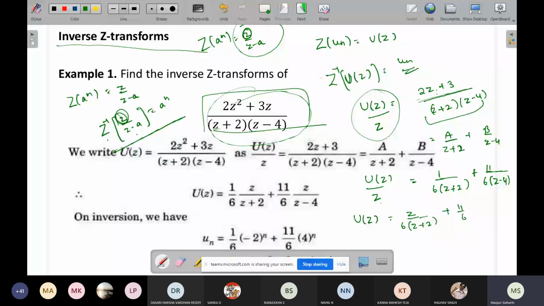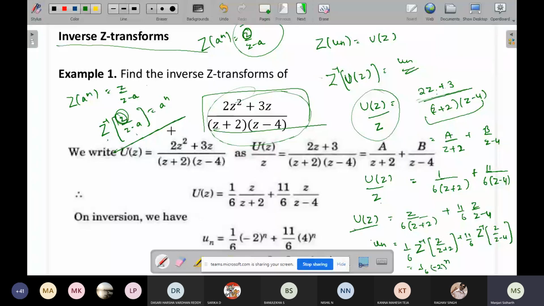Inverse Z transform gives you U n: 1 by 6 outside, Z inverse of Z over Z plus 2, which is minus 2 power n.